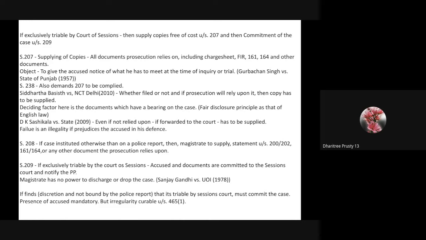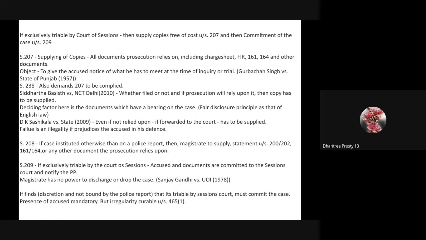It will be committed after complying with the provision of 207. The 207 provision will be complied with first, and then if it is exclusively triable by the court of sessions, it shall be committed to the court of sessions. If not, then straightforwardly, according to the nature of the trial, whether it is a warrant case or a summons case, whether it was instituted on a police report or otherwise than on a police report, whether such case is a summary case, whatever the case may be, on the basis of that, the trial will commence.